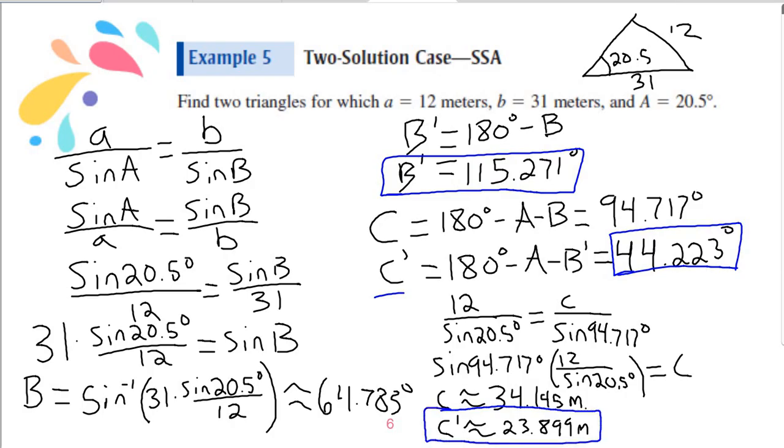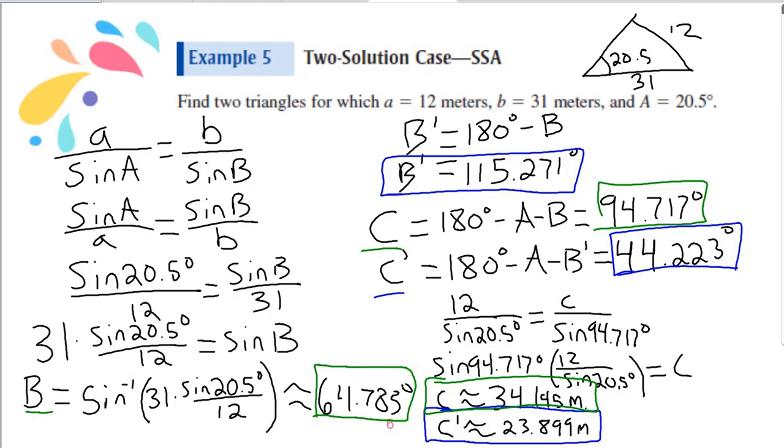Okay, so those would be my second solution, and again, our first solution would be those two. So we have two different triangles that work.